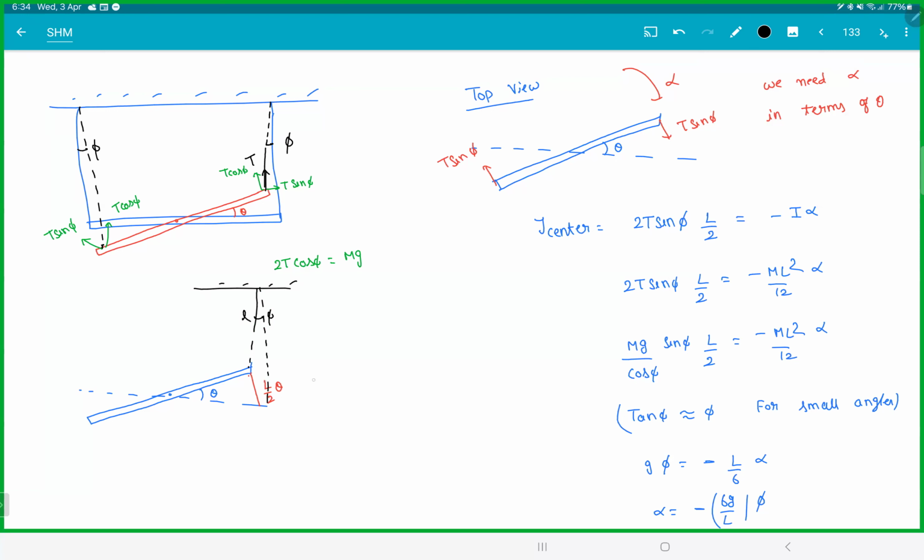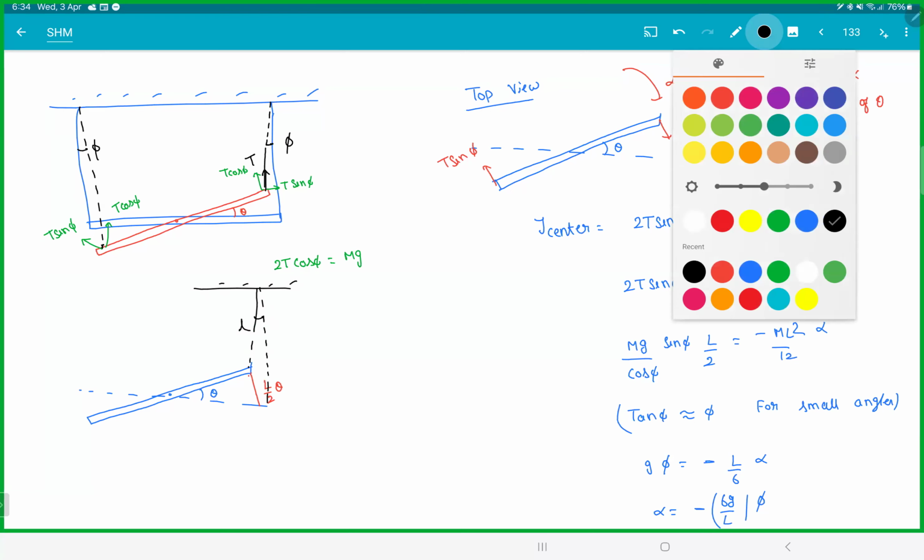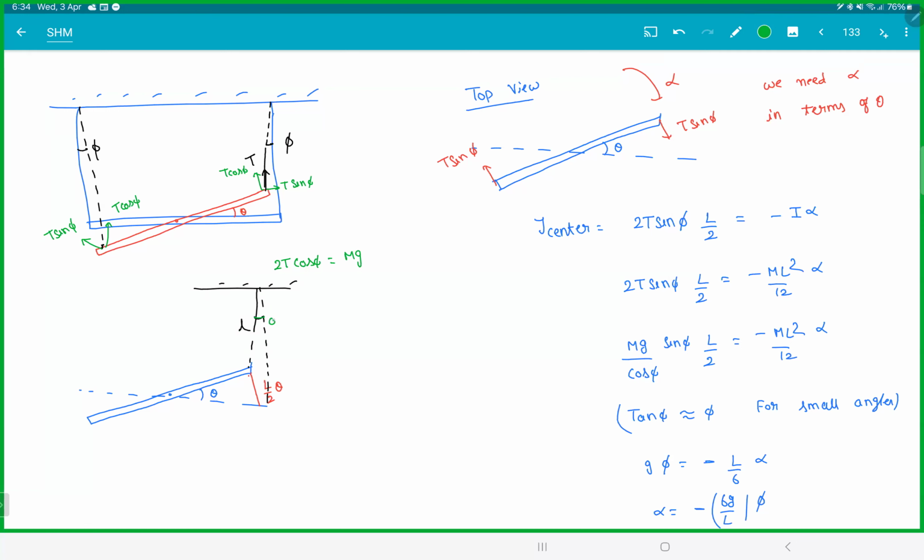So the rod says this length is L by 2 theta.